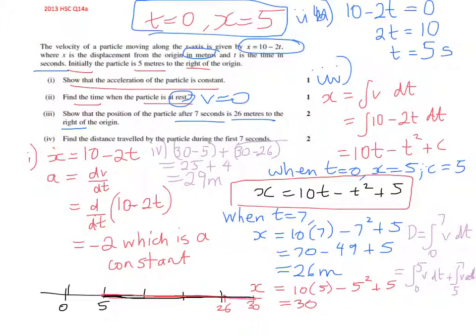So both of those are dt. Now your integral between 5 and 7 of the velocity is going to end up being a negative number, so you need to put absolute value signs there. And you'll get the same answer. The answer is going to be 29 metres. And I just want you to double check that by completing this integration and this integration. Thanks.